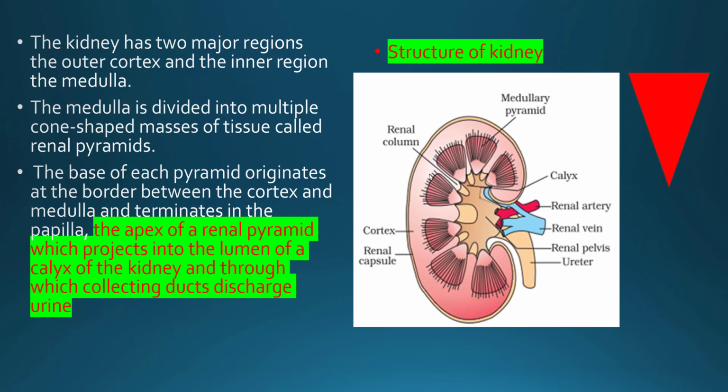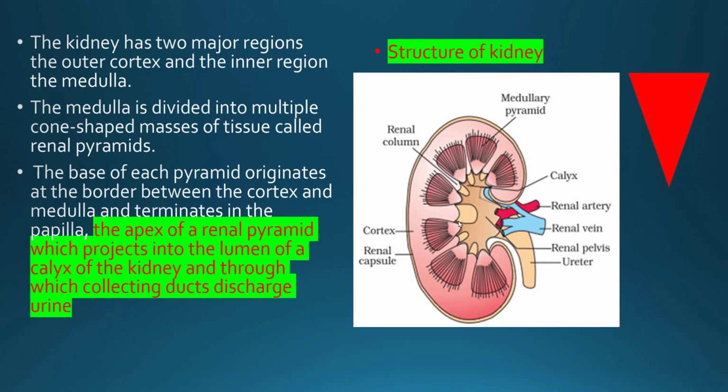The base of each pyramid originates at the border between the cortex and the medulla. This is the base of the pyramid. The apex of the renal pyramid projects into the lumen of a calyx of the kidney, and through it the collecting ducts discharge urine.